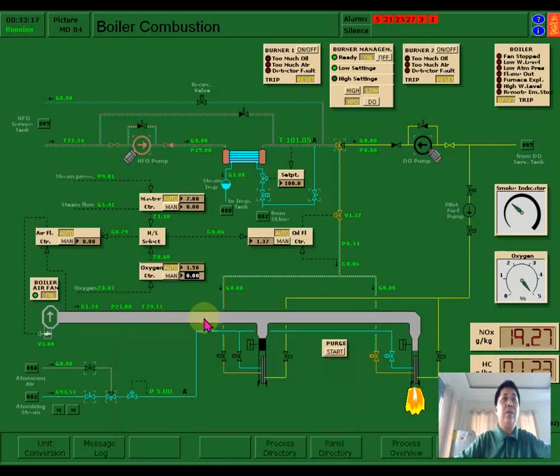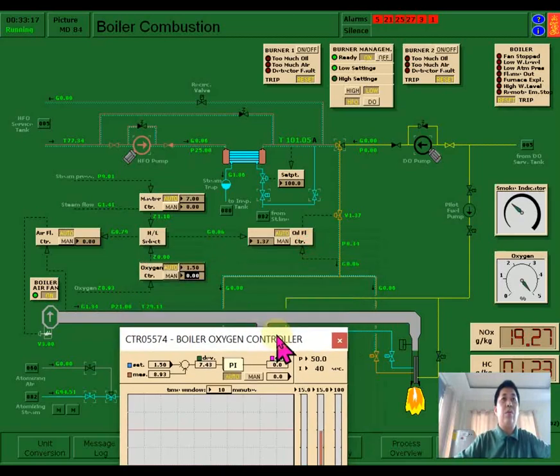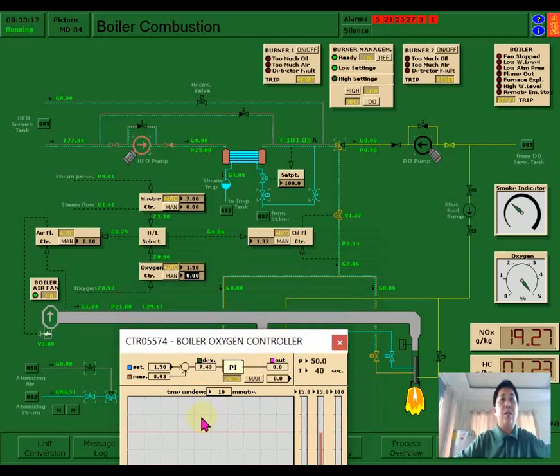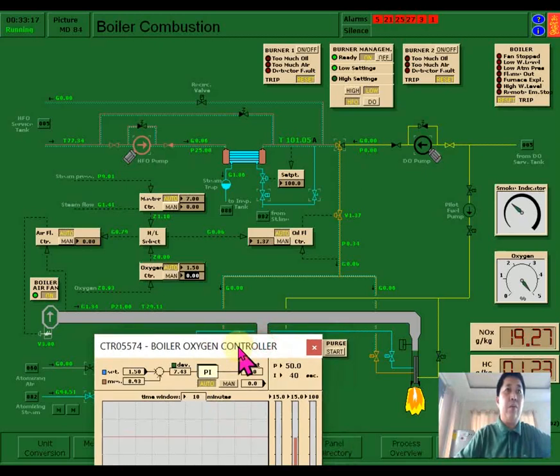But in your oxygen control, which is airflow control, this is controlled only by PI, proportional and integral, so without the derivative. But in your diagram, you still have a derivative, but here only PI. This is a part of a system.